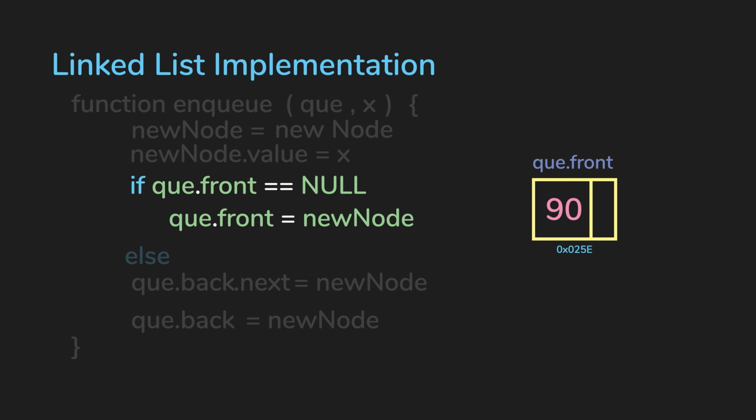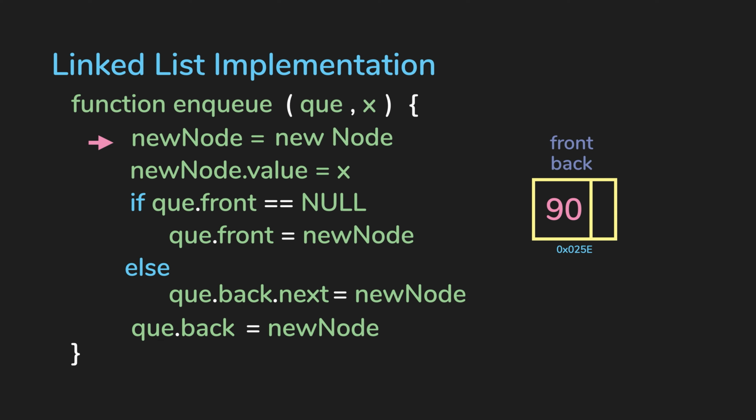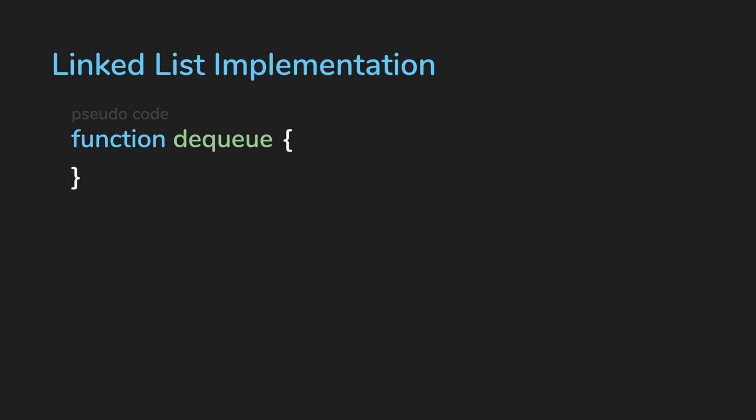And then we'll put the normal case after the else statement. Make sure you keep the part where you set the new node as queue.back outside the else statement, because we'll still need to run that line, even if the queue only has one node. So if we add a new node to an empty queue, new node will be assigned as both the front and back.